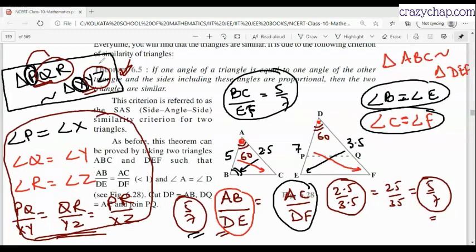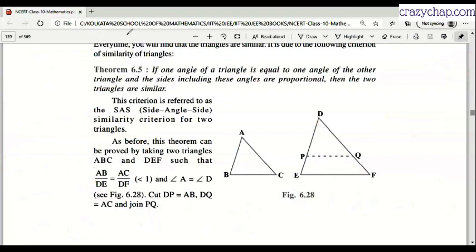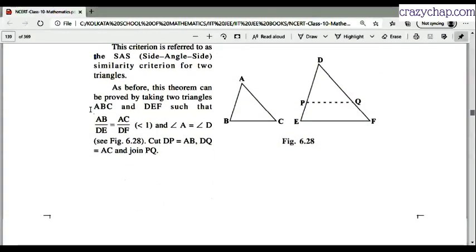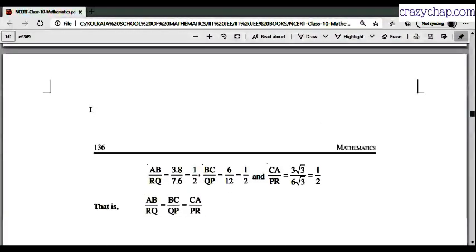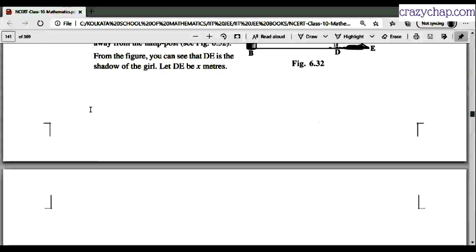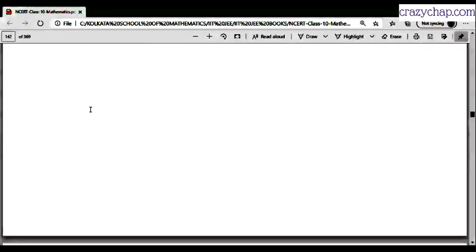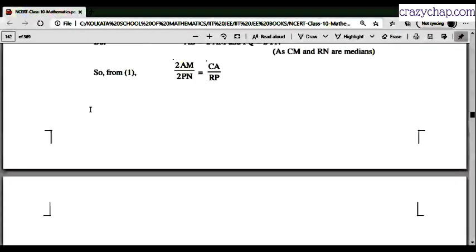Let's come to the examples now. Let me erase the screen. When we do some questions, then we'll have a better understanding.